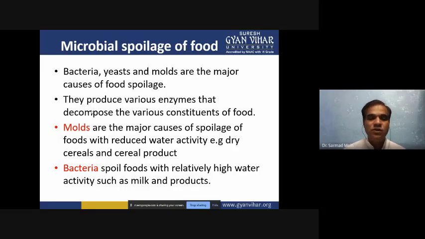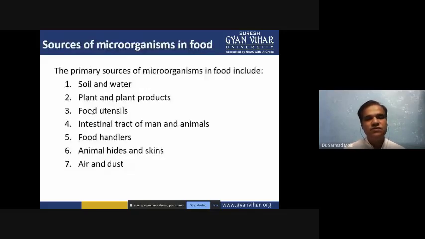Bacteria spoil food with relatively high water activity, such as milk and butter. Molds require less water, so if a small amount of water is present in the food, molds will spoil it. Bacteria need more water content in the food, so they attack easily and spoil the food.